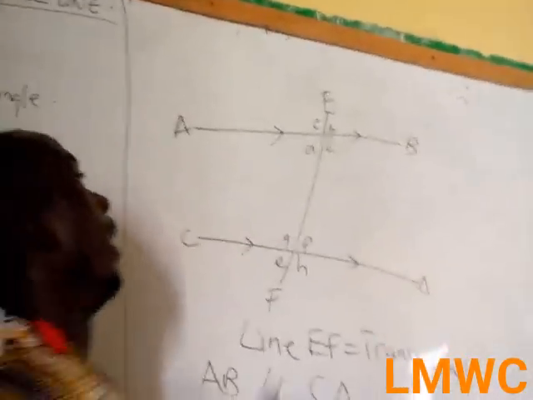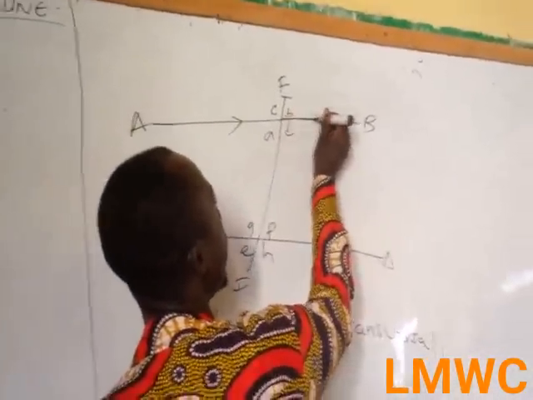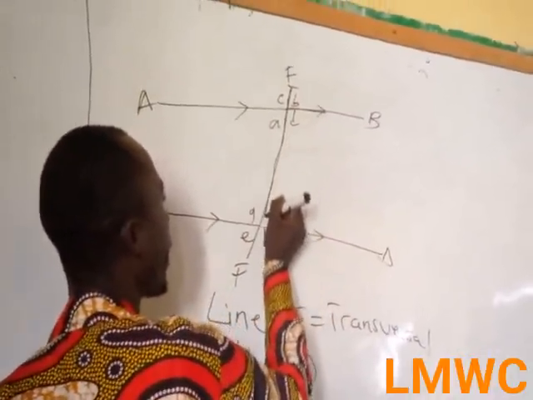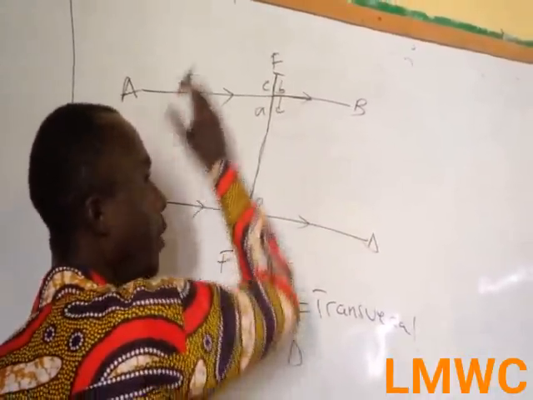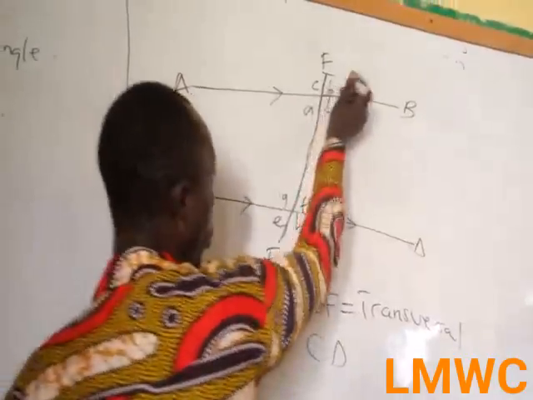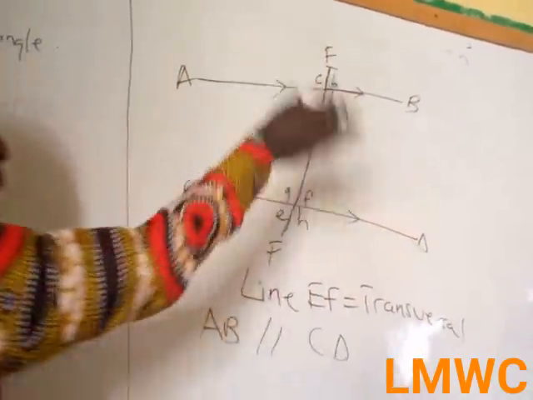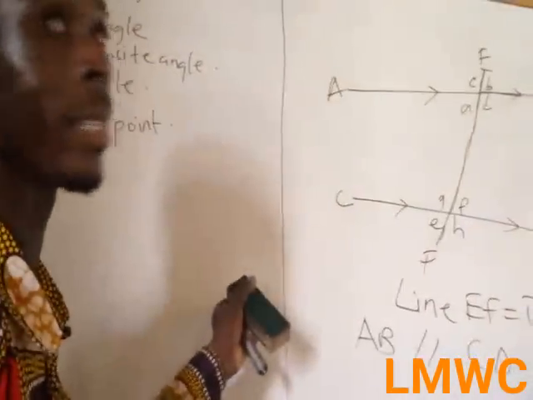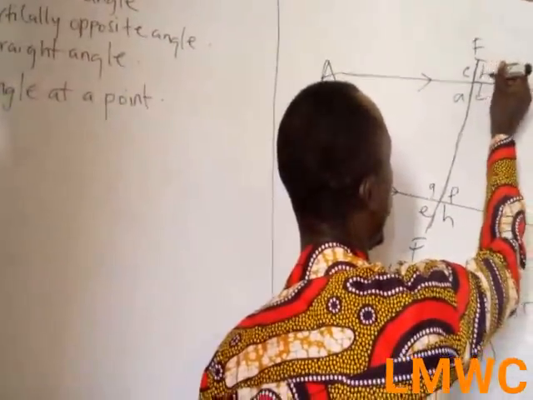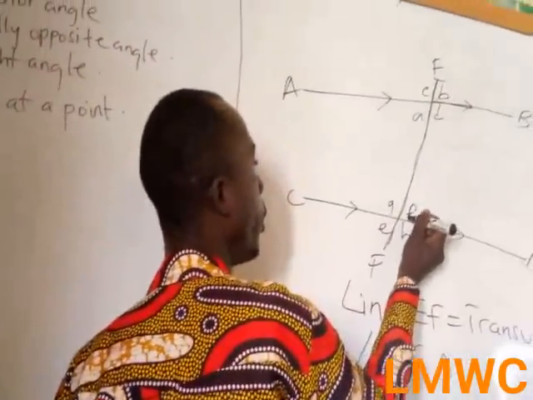We now want to know the types of angles within these parallel lines. You see this B on top here. This line cuts it into two parts, the right hand side and the left hand side. Let me take the right hand side first, and after that I will take the angles on the left hand side. This B is on top, and this F is also on top.